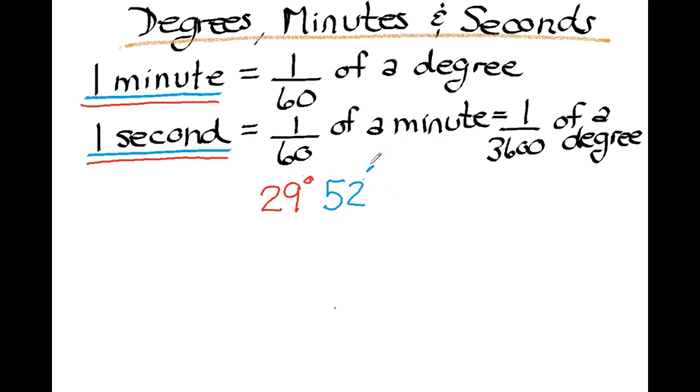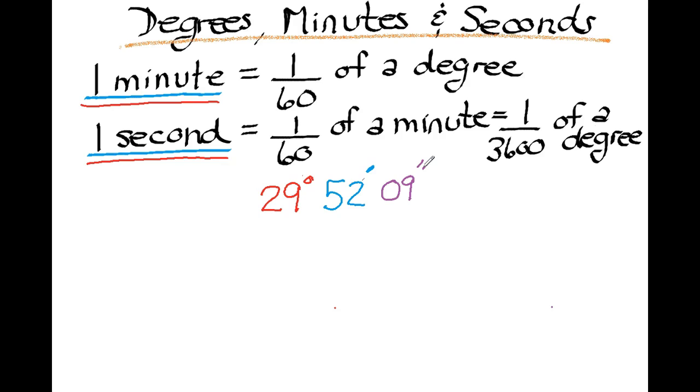A minute is designated with one tick mark, 1 apostrophe, and then let's go ahead and give it some seconds. Let's give it 9 seconds. Seconds are marked with 2 apostrophes. So that's 29 degrees, 52 minutes, and 9 seconds.